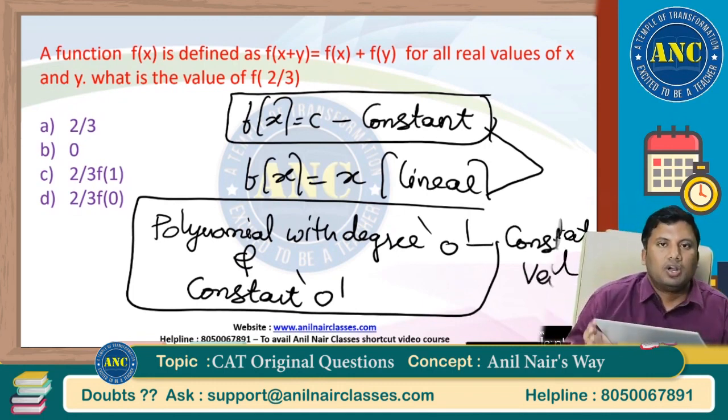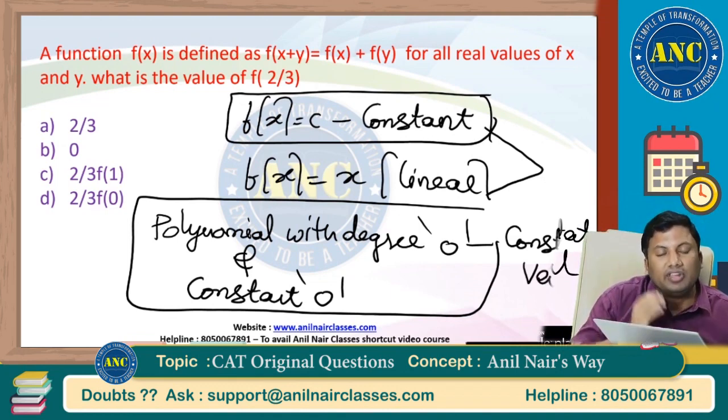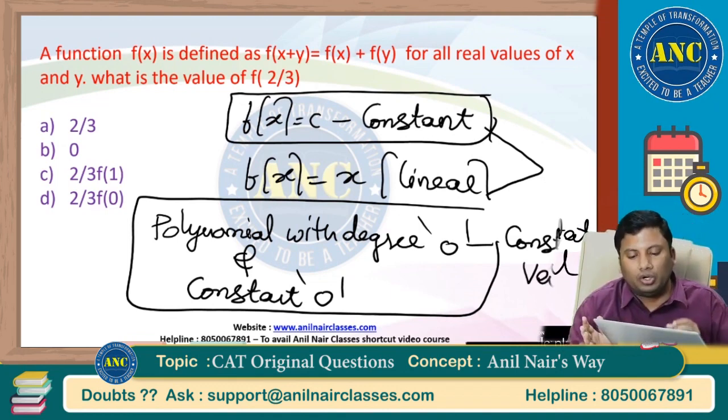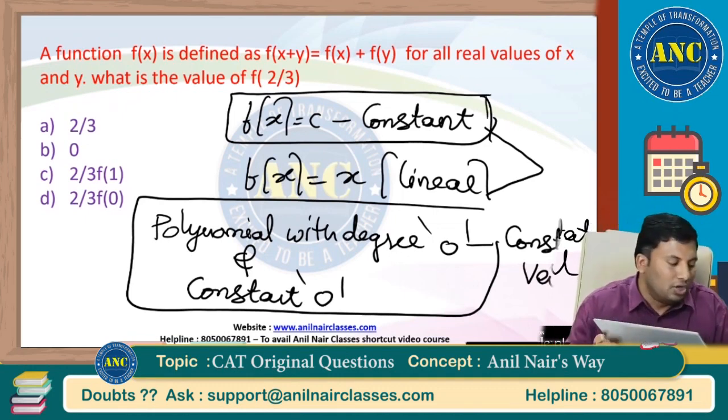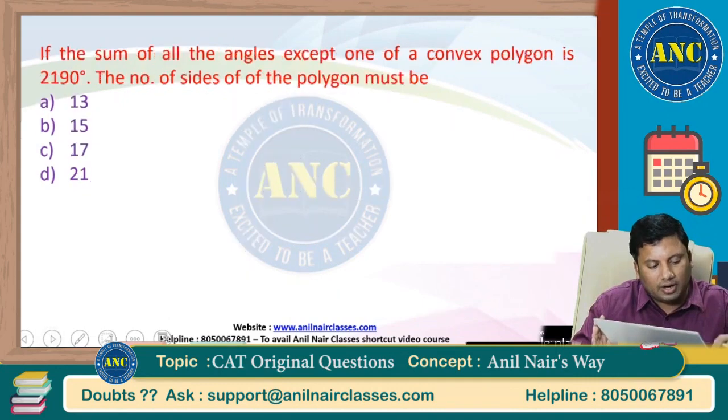Constant 0. Right? 1, 2 and 3 are constants. There is a difference between 0, 1, 2, 3. I hope you understand the difference. Vishnu, please go through the basics first. Write down the next one.